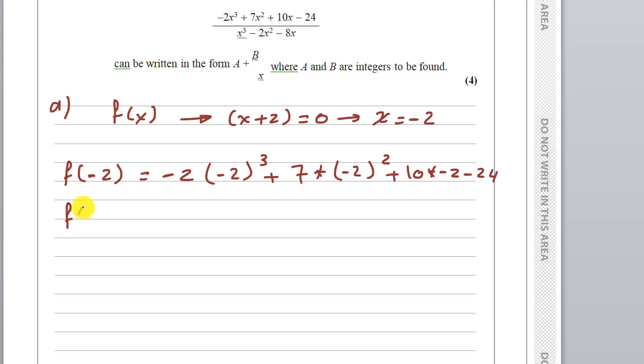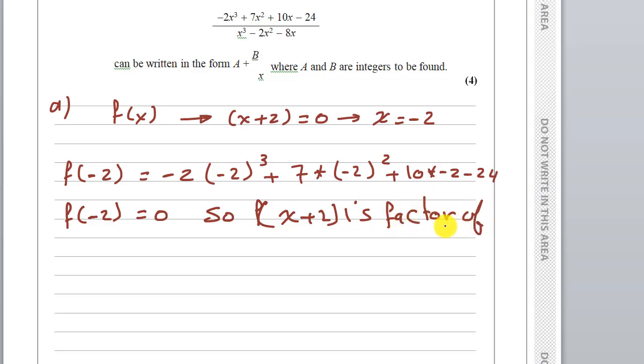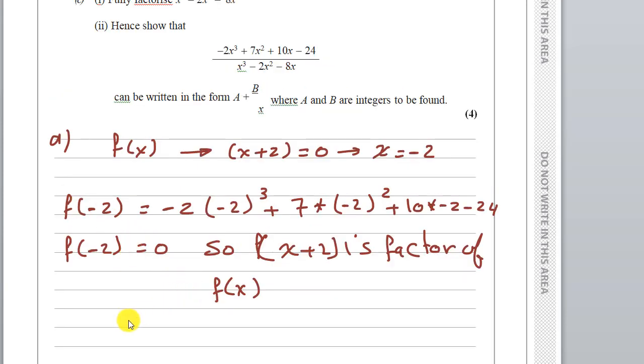So f of minus 2 will equal to 0. So x plus 2 is a factor of f of x.